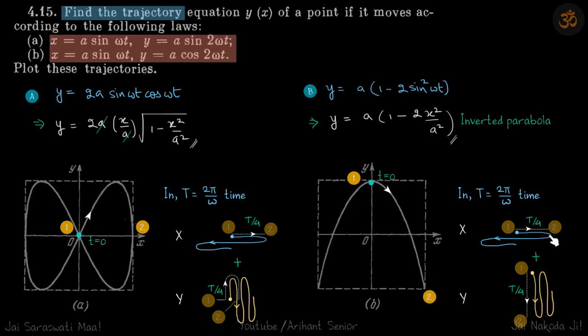And after that, in x direction it will come back to mean, and in y direction it will go back to the extreme again. After that, same. So the particle will go to and fro on this path.